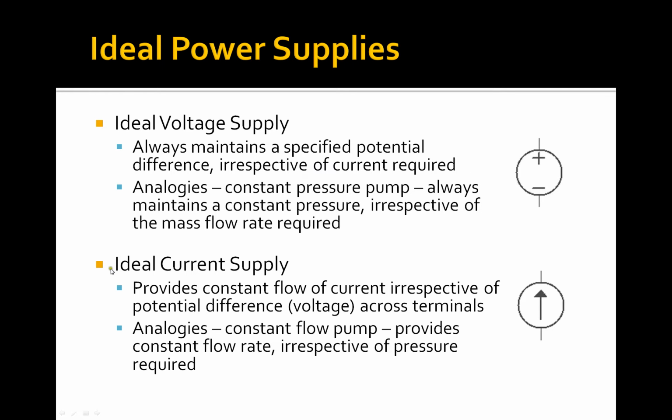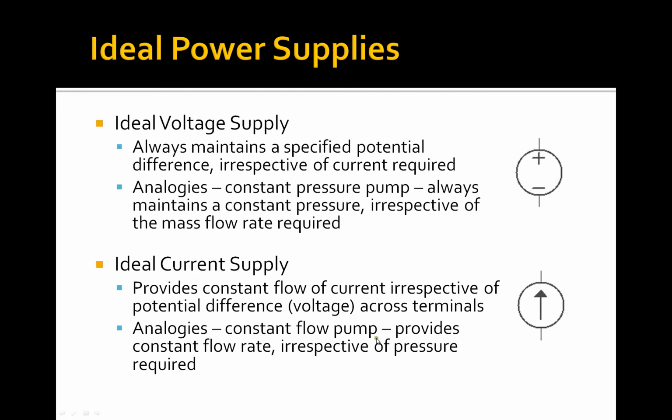That's in contrast to an ideal current supply. An ideal current supply is given by this symbol right here, where the arrow points in the direction of conventional current, or the direction that positive charges are going to tend to move. An ideal current supply provides a constant flow of current irrespective of the voltage or the potential difference across its terminals.